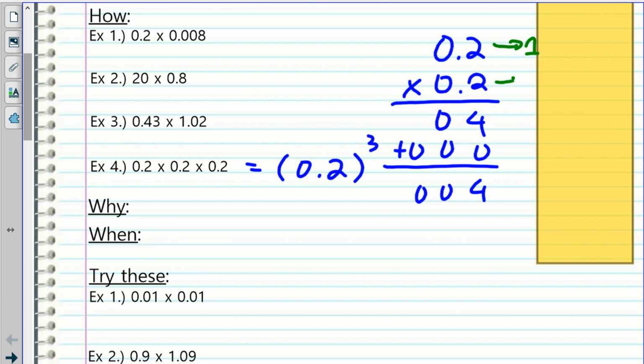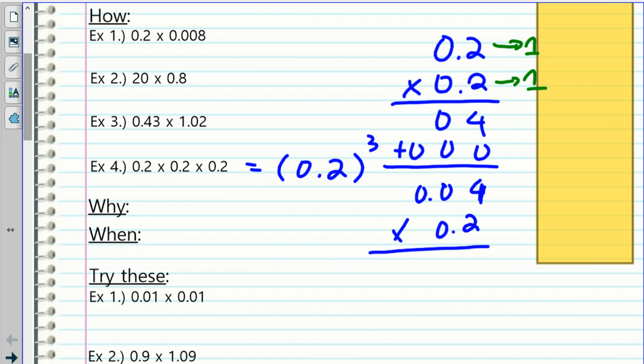How many places are there? There's 1 here and there's the second one. So 1, 2, 0.04. Okay, now, oops, not done yet. Now I gotta do that again. Times 0.2. All right, now I'm just taking it right where I left off, okay?